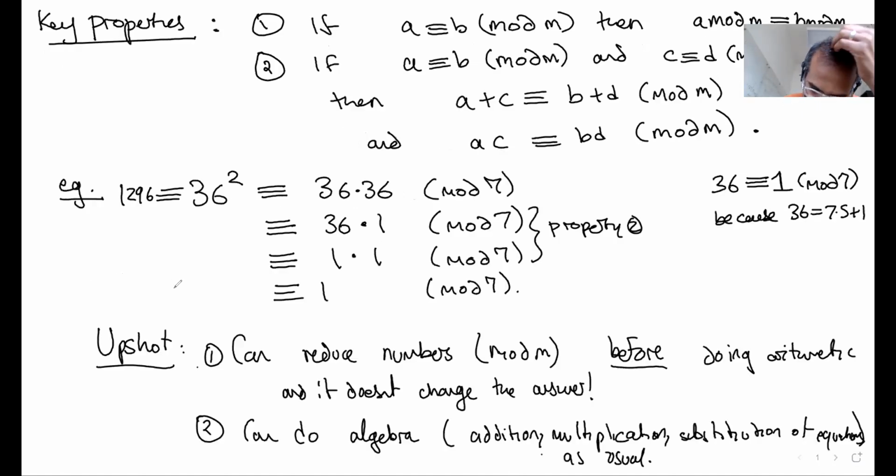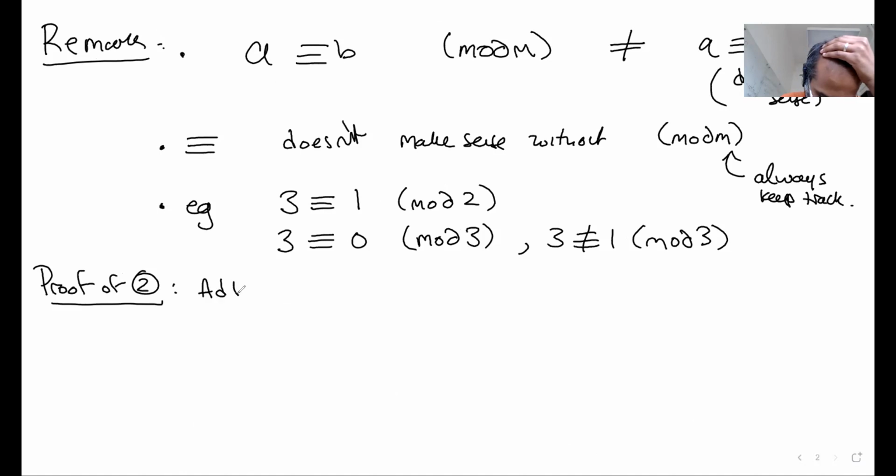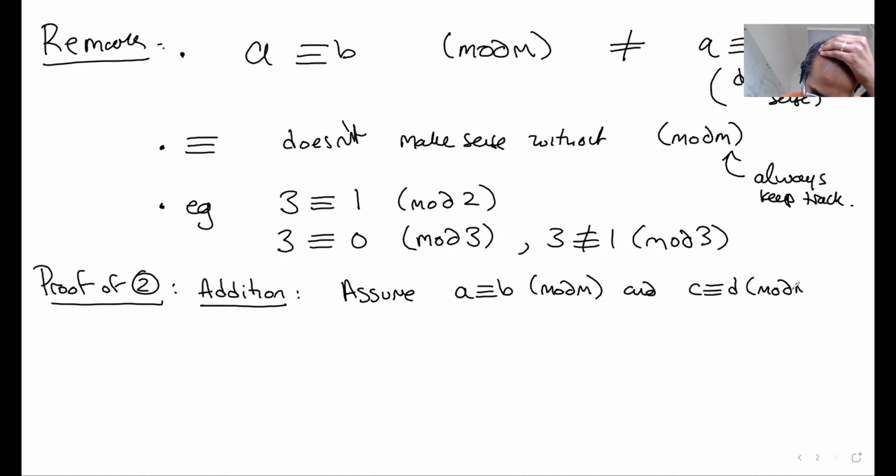In item 2, there were two things, addition and multiplication, right? So let me do addition. Assume A is congruent to B mod M and C is congruent to D mod M. I'm going to use this divisibility characterization.